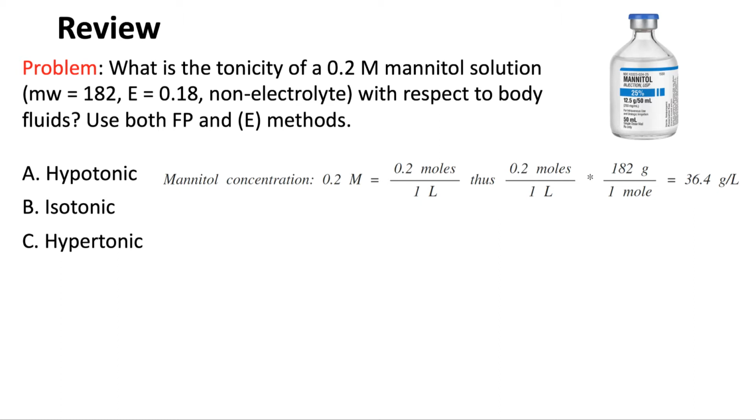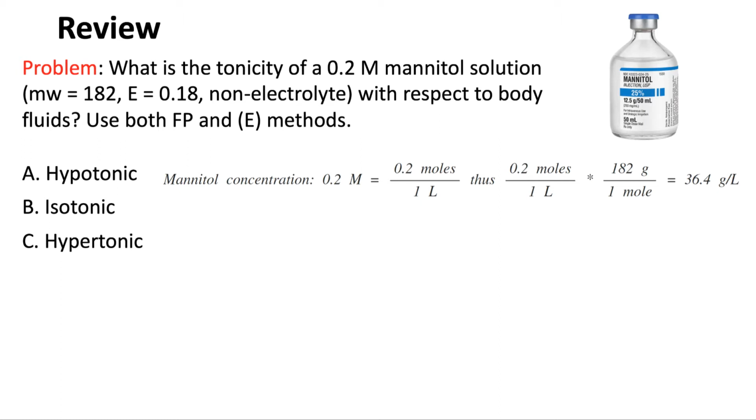And since it's 0.2 moles per liter, we can multiply that, to convert it from moles to grams, by the molecular weight. So we'll set it up as times 182 grams per 1 mole. That way the units of moles cancel, and 0.2 times 182 gives us the fact that this 0.2 molar solution, or I should say concentration, is the same as saying we have 36.4 grams per liter. All right, so we're going to go forward with that number, and you'll see why that's a more useful number to use in our equations.